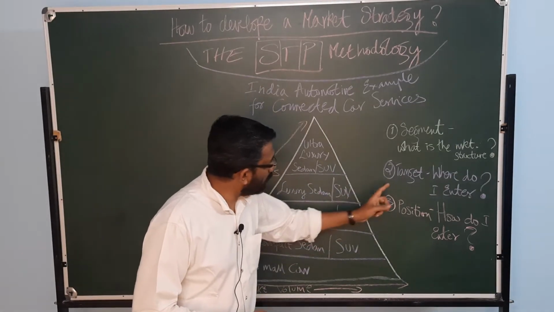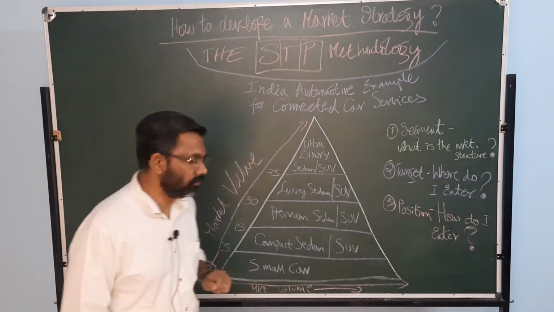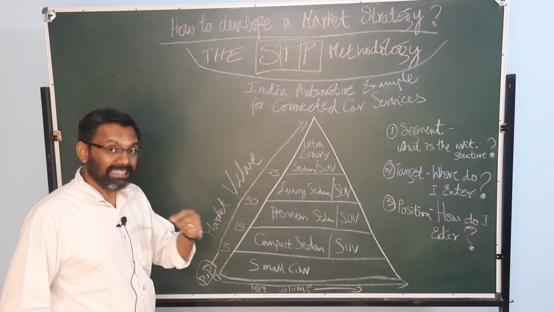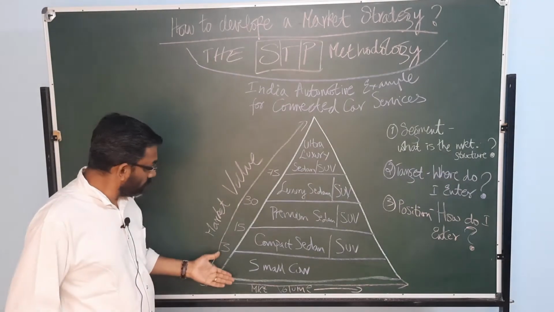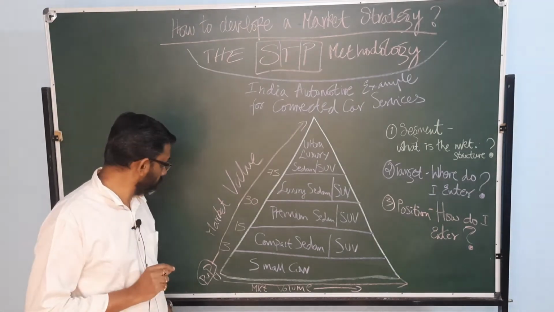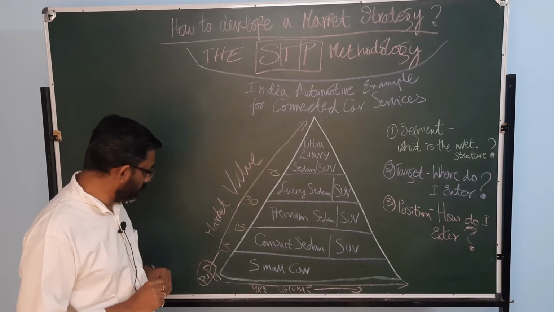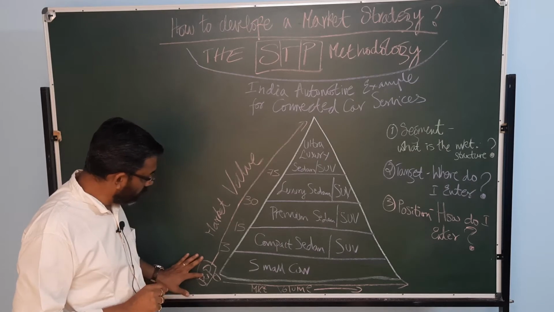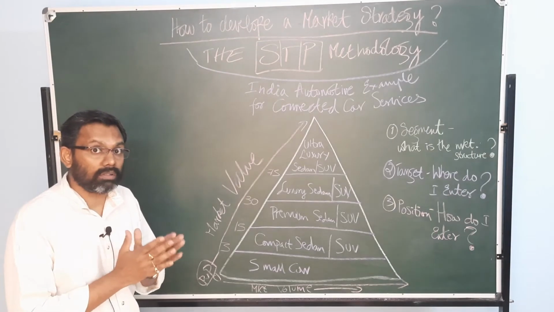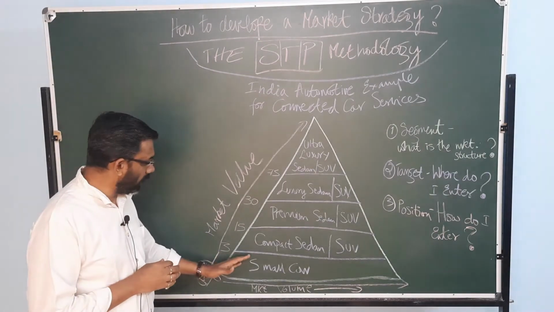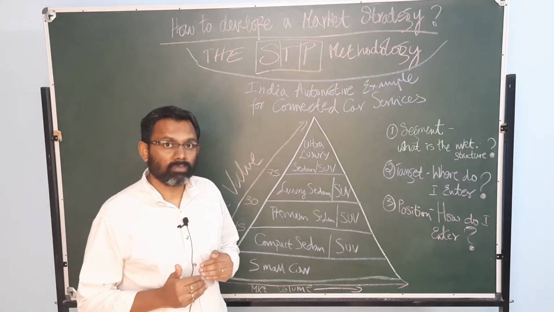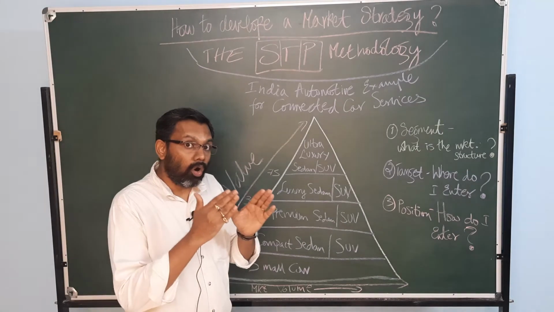Second, target. Where do I enter? In order to decide where one should enter, one should look at the market volume to make sure the business is scalable, and look at the market value, the price per unit of the car, the perceived value of the car, and the functional elements. So one needs to get into a further level of detailing on the target audience.